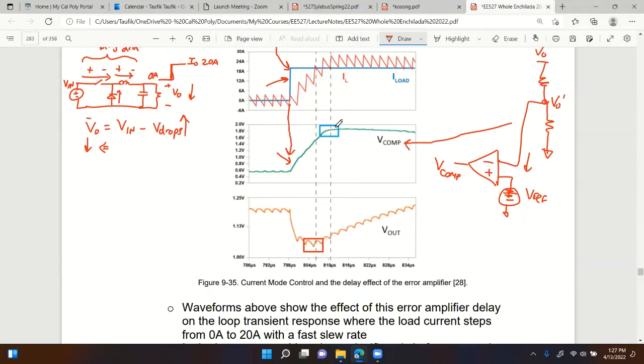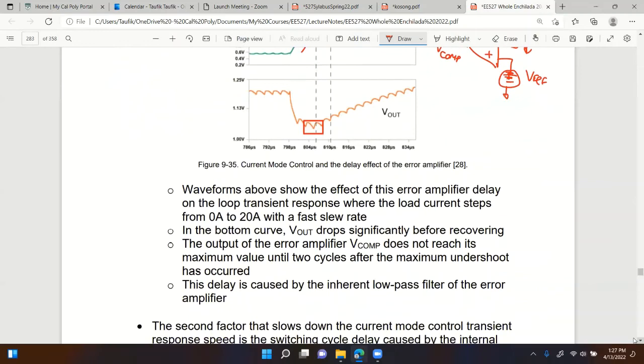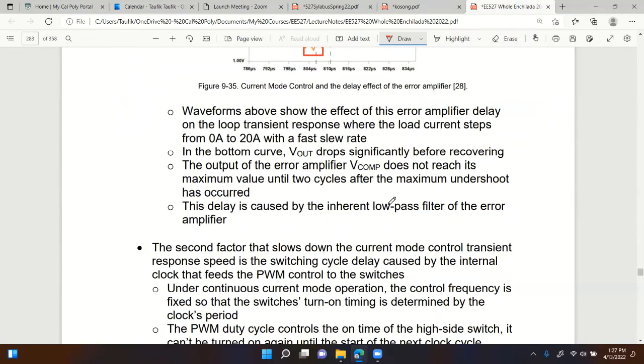As soon as Vcomp reaches its peak value, Vout goes up. But look at the 2 cycle delay, which is caused by the inherent low pass delay. So that's one disadvantage.